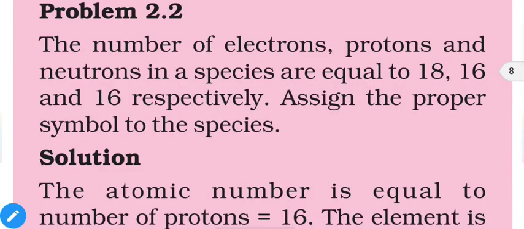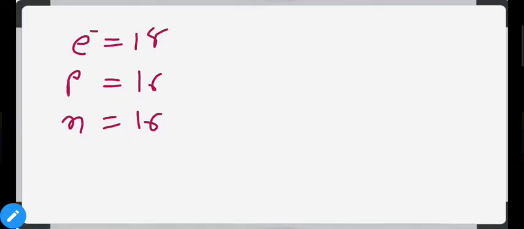The next problem: the numbers of electrons, protons and neutrons in a species are equal to 18, 16 and 16 respectively. Assign the proper symbol to the species. The first point to note is that the numbers of protons and electrons are not the same. There are 16 protons, giving plus 16 charge, and 18 electrons, giving minus 18 charge.